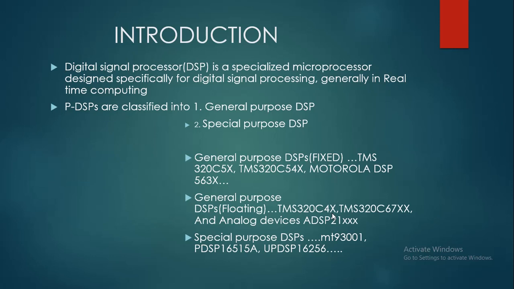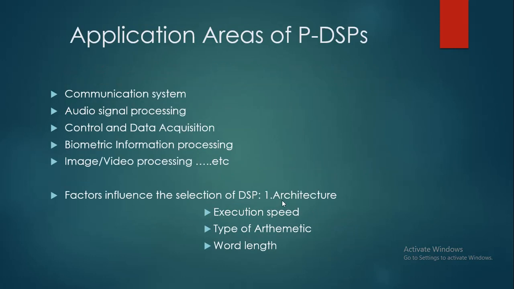Special purpose DSPs are specifically used for FFT algorithms and for special applications like PCM and filtering. For example, MT93001, PDSP16515A, UPDSP16256. The application areas of programmable DSPs are communication systems, audio signal processing, control and data acquisition, biometric information processing, image or video processing, etc.